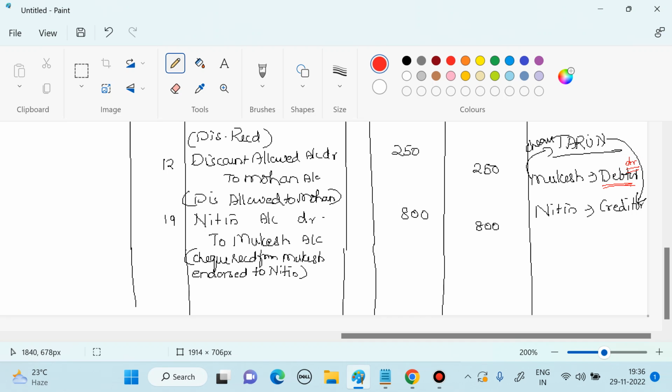Debit balance. Correct. And Nitin, a creditor, would have a credit balance. So Mukesh giving a check, we have to close out, so we would credit him. And Nitin is also being settled by giving the check, we are settling his dues. So credit has to be nullified by a debit. That is what we have done here. Got it? Very good.